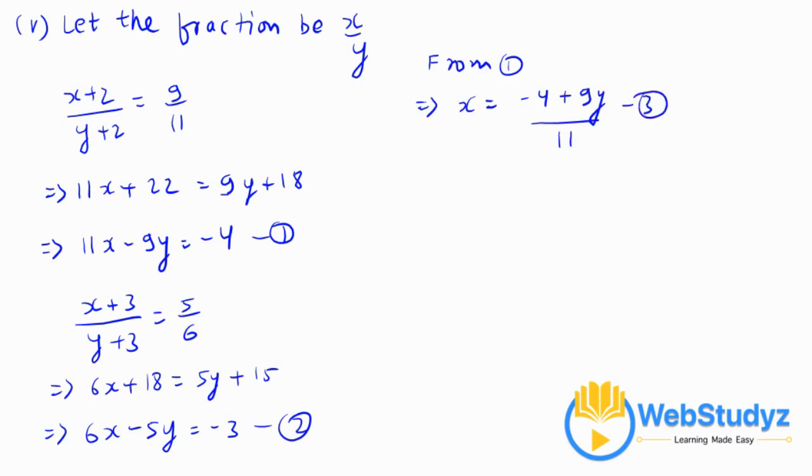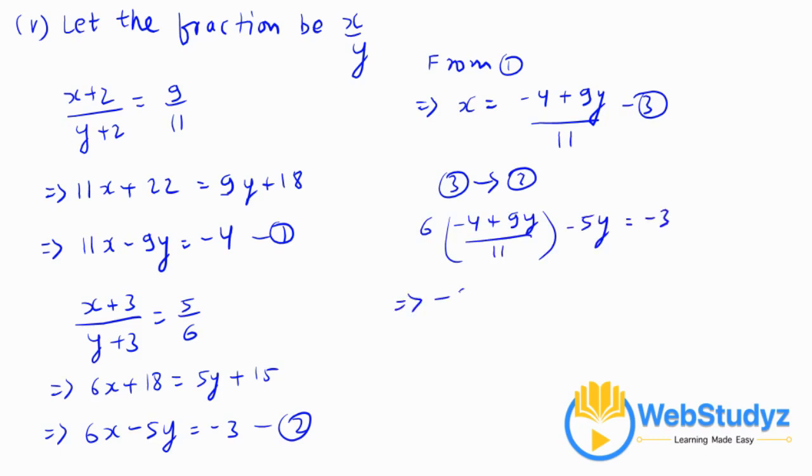Now, substituting this value into the second equation, we get 6 into minus 4 plus 9y by 11 minus 5y equals minus 3.